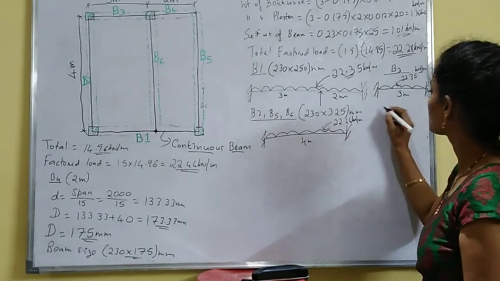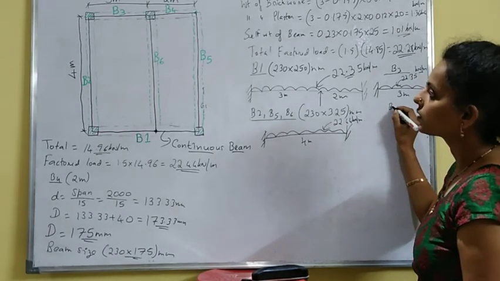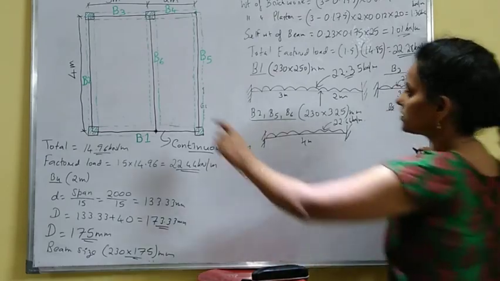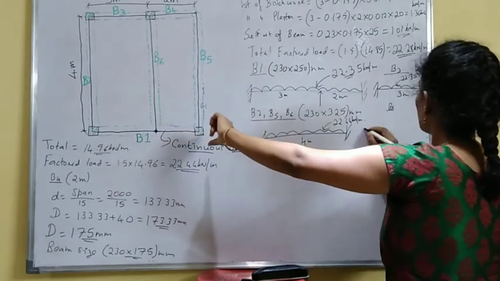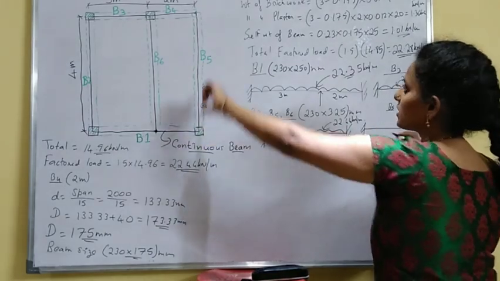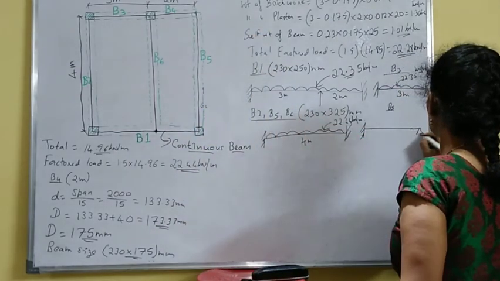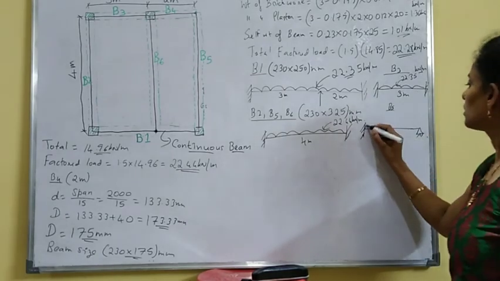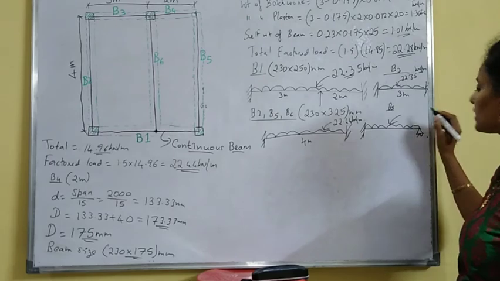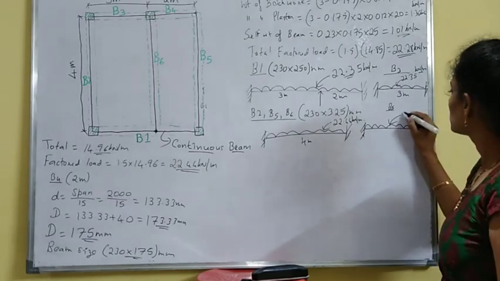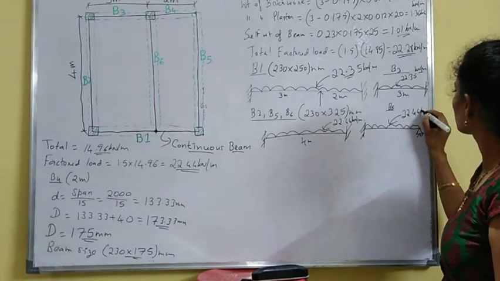Next is B5. See here B5, if you see like this, here it will be fixed support and there it will be hinge or roller, okay, hinge support. It is like a propped cantilever. So it is 24.4.